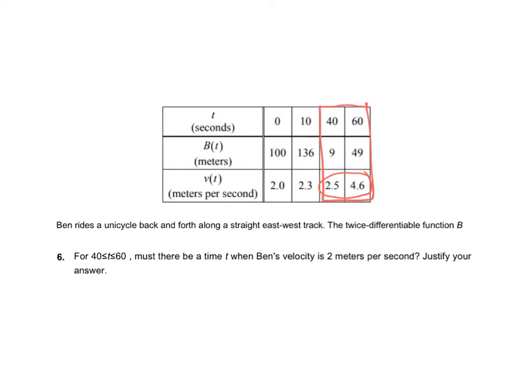So mean value theorem says whatever the slope is of the secant line between the endpoints of a function, the derivative, there has to be a point on the same interval where the derivative equals the slope of the secant line.